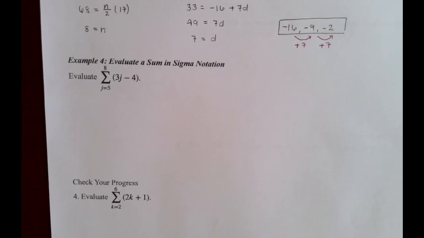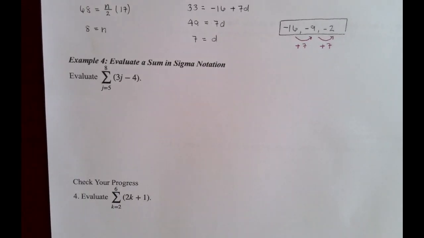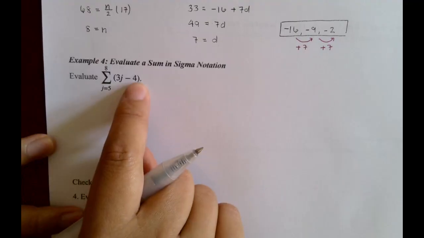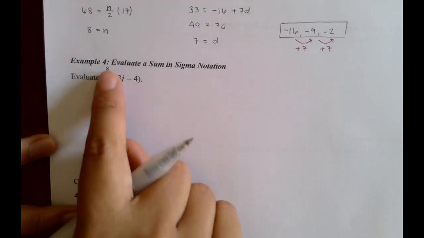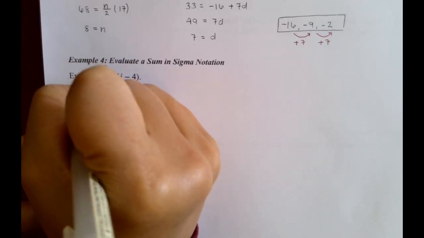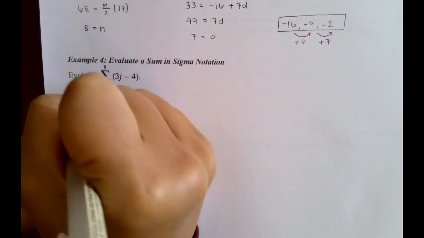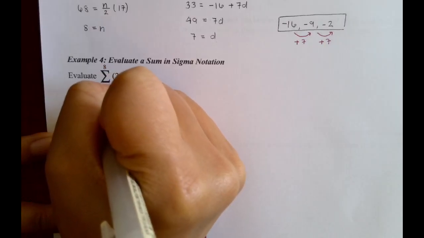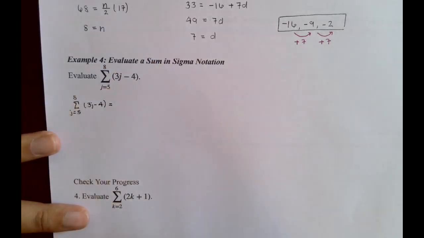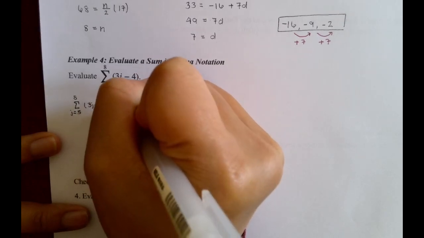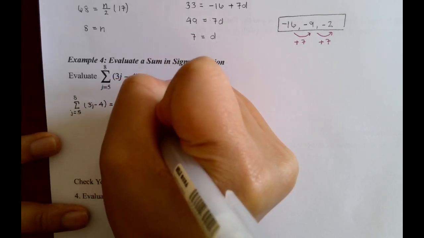Okay, so let's evaluate this. Here we want the sum of 3j minus 4 as j goes from 5 to 8. So we start with j equals 5. 3 times 5 and then minus 4.